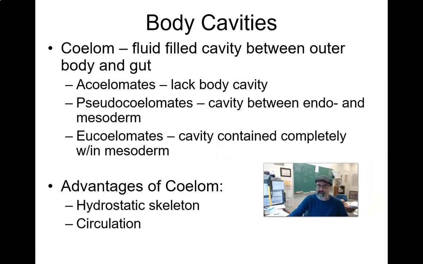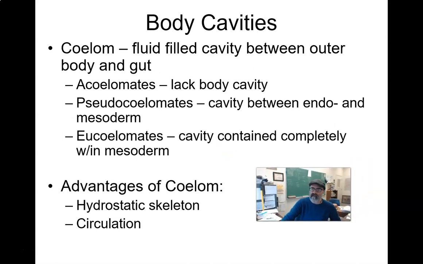Body cavity is another important trait used to differentiate organisms, whether they have this fluid-filled cavity called a coelom. You can be acoelomic, so no coelom, no cavity. You could have a true cavity, eucoelomic organisms, right?